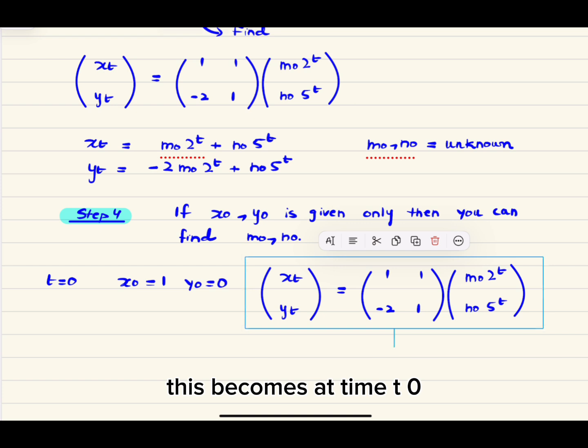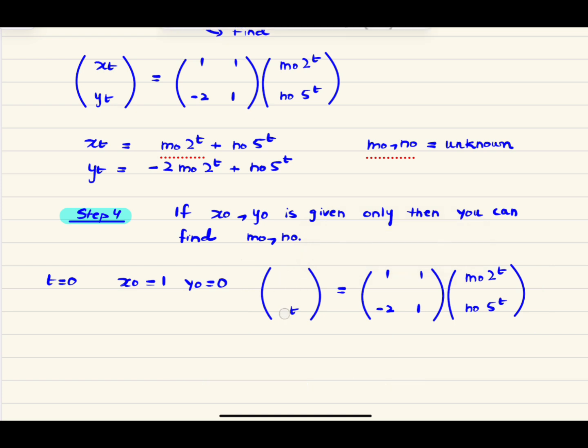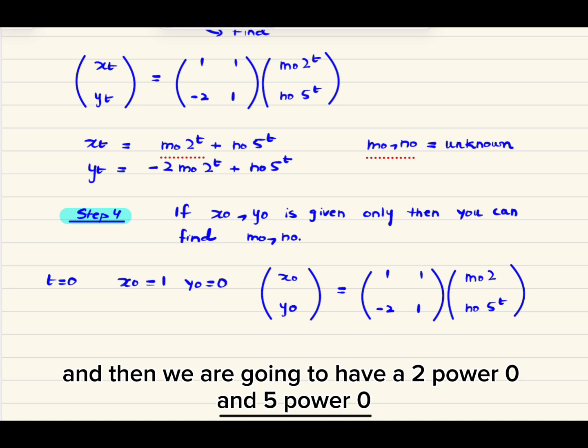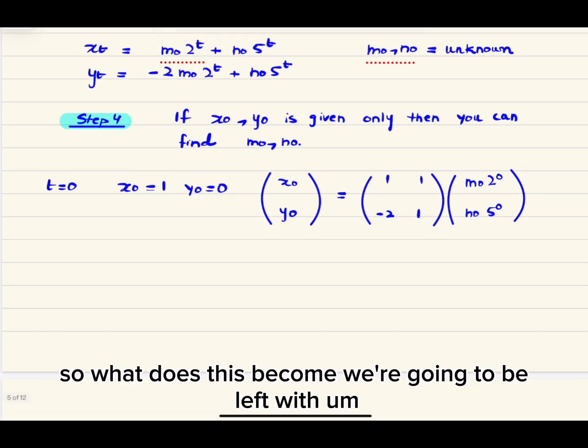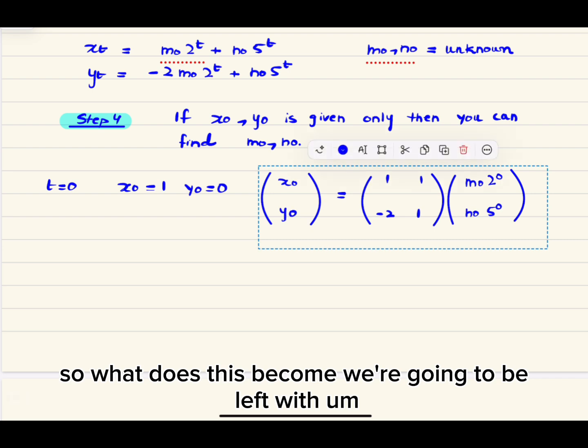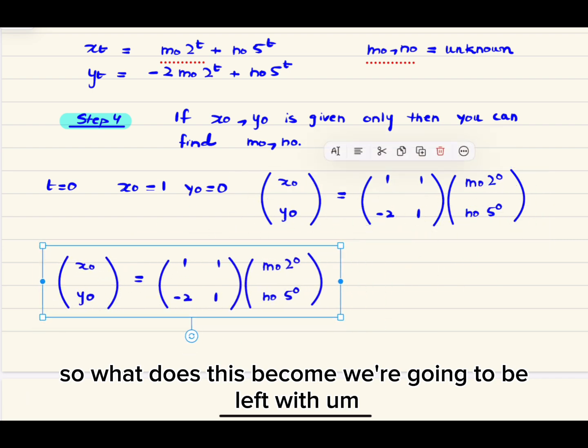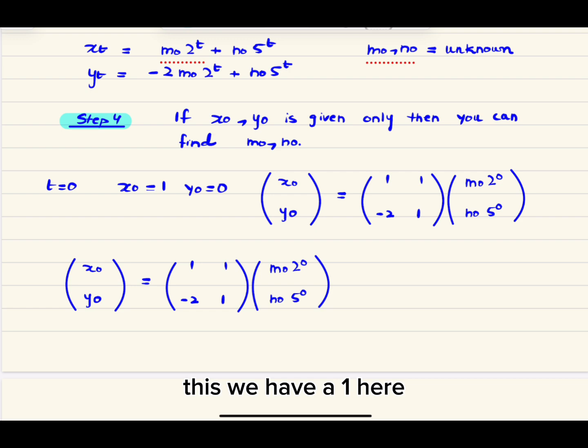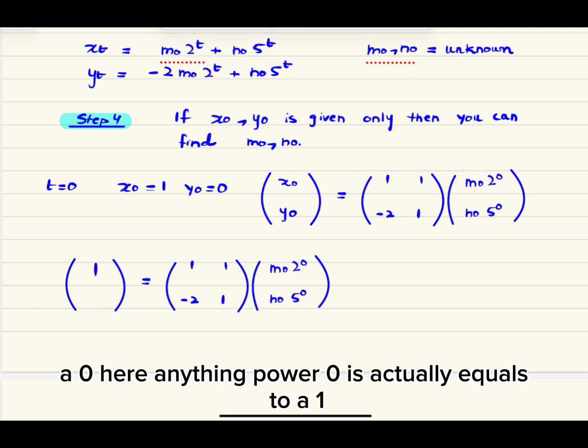This becomes, at time t equals 0, x0, y0, and then we are going to have 2 power 0 and 5 power 0. So what does this become? We are going to be left with this. We have a 1 here, a 0 here. Anything power 0 equals 1.